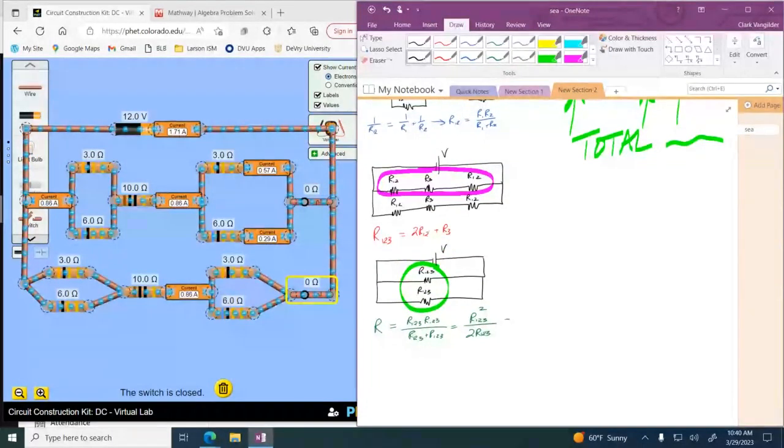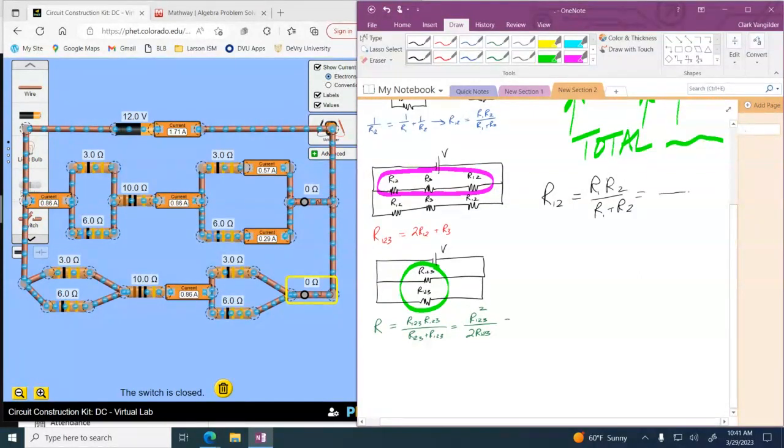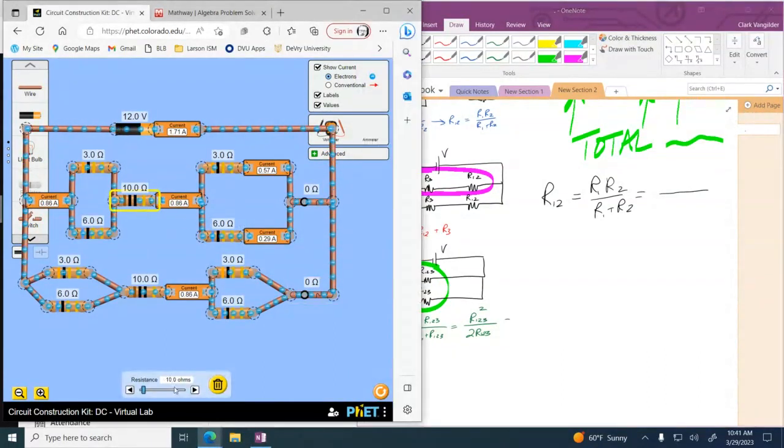All right. So R12 will be R1 times R2 over their sum, which is going to be, I have a 3 and a 6, and I actually meant to have this be 20, so I'm consistent with my notes.